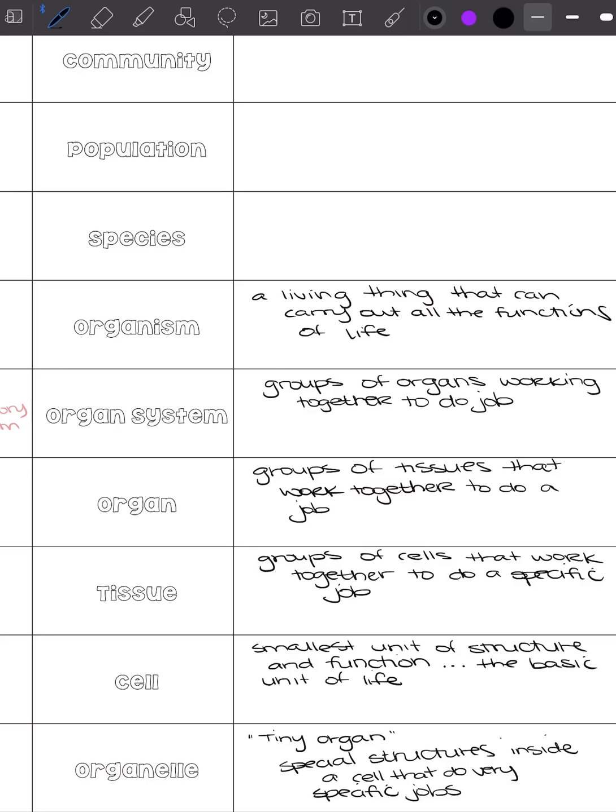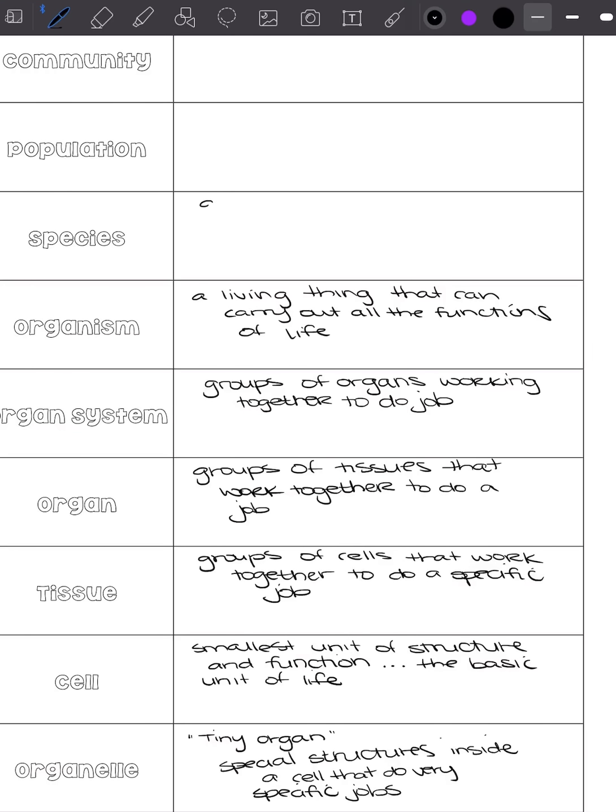So for the interest of making it easy, species, groups of similar organisms that can mate and produce offspring.